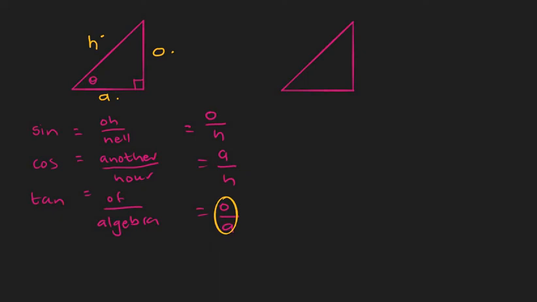Right, this we can also do when we have our Cartesian plane. Our vertical will be our y, our horizontal will be our x, and our hypotenuse is going to be r, and it's going to work exactly the same. If this is theta, sine is opposite over hypotenuse, so it's y over r.